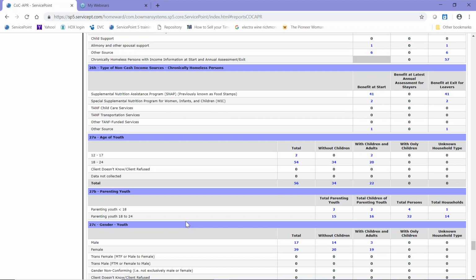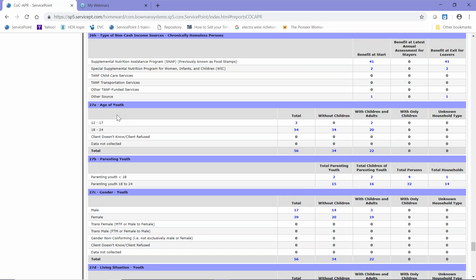And then we have one more section, very long report, of just our youth. And youth is broken down between 12 to 17 and 18 to 24. So this would be based on their age, okay? So we have age of our youth. Are they parenting youth?